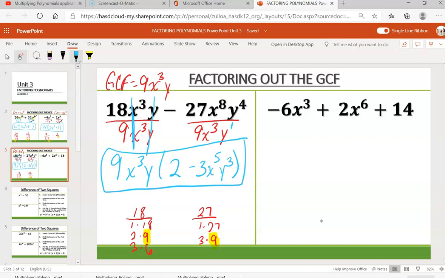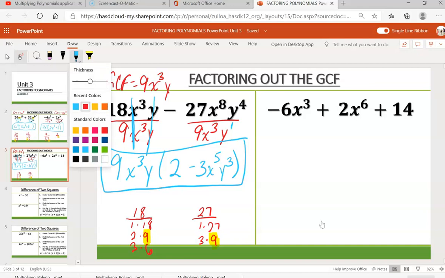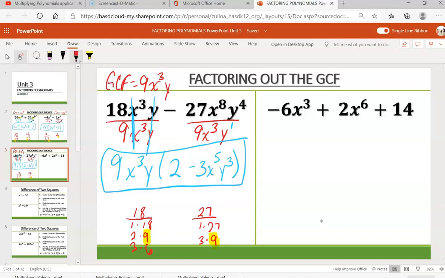Finally, this last one. This last one's a little different. Again, if your leading coefficient is negative, your GCF is negative. Here we have 1, 2, 3 terms instead of just 2. We have a 6, a 2, and a 14.